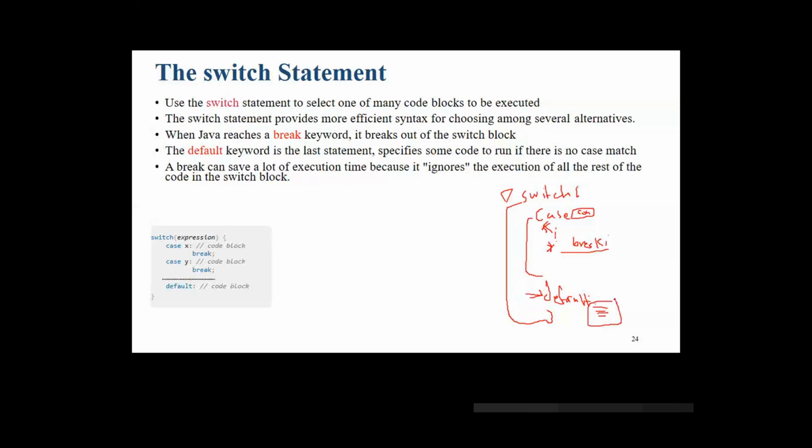If none of the cases are executed, default will be executed, and there will be a break also at the end of the default. So the break means the end of the cases. Default is just a case that happens when no cases are satisfied by the condition in the previous cases. This is a short summary of what the switch statement is.